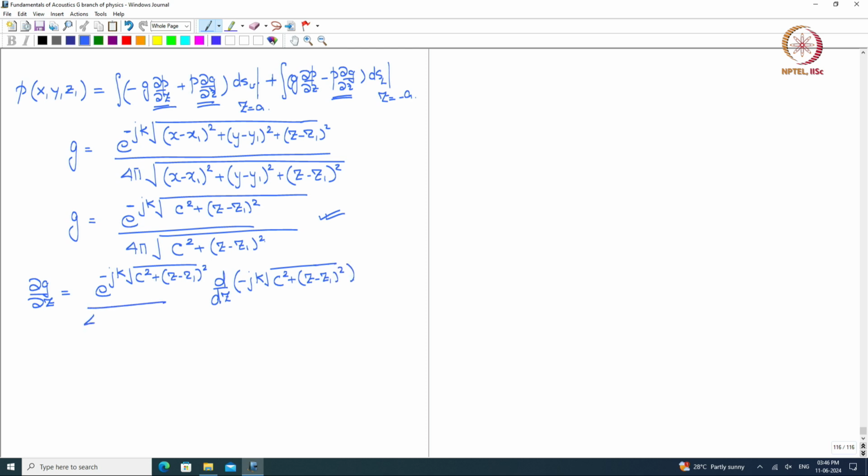Of course the denominator is 4 pi square root of c squared plus (z minus z1) whole squared, okay, that is the first term, minus e to the power of minus jk square root of c squared plus (z minus z1) whole squared by 4 pi, and the derivative of c squared plus (z minus z1) whole squared to the power minus half.